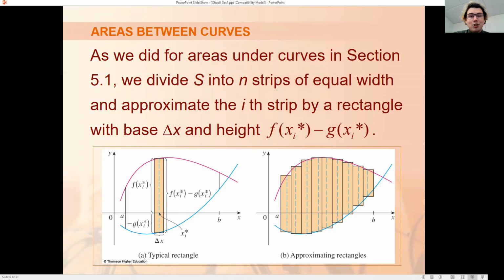We pick rectangles because rectangles have a very nice area formula, base times height. Now, the base of each of these rectangles is going to be a section of the x-axis, and I'll call that delta x for change in x.